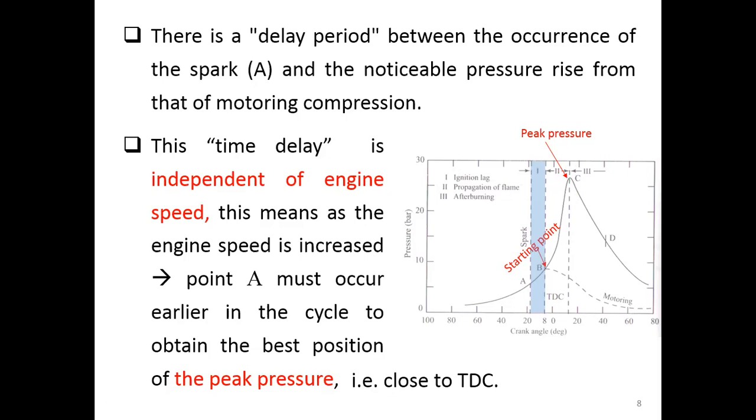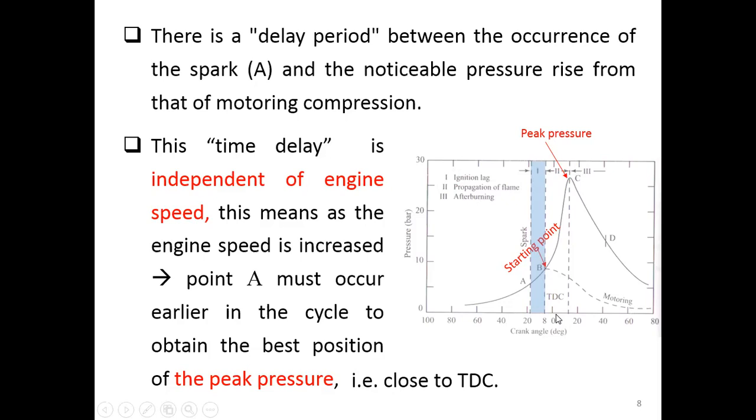Because the time delay here does not depend on the engine speed. So if your engine speed increases and you ignite at the same crank angle, you can expect that your peak pressure will tend to move to the right, or further away from the top dead center.